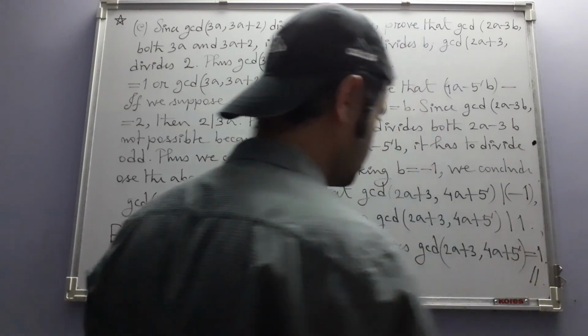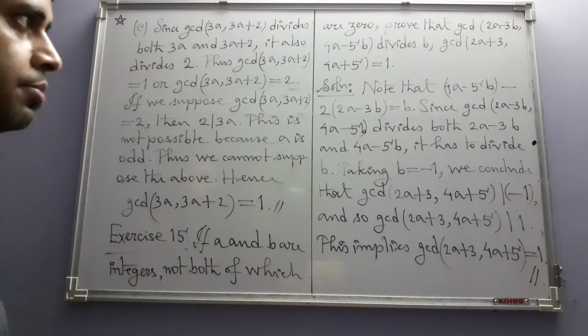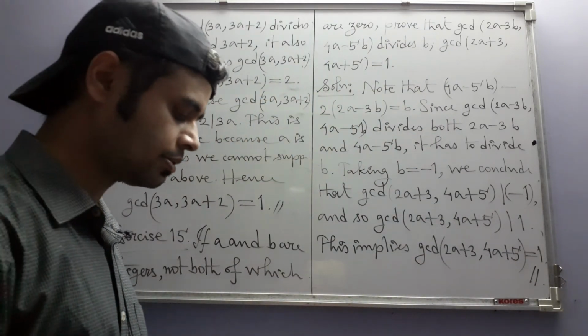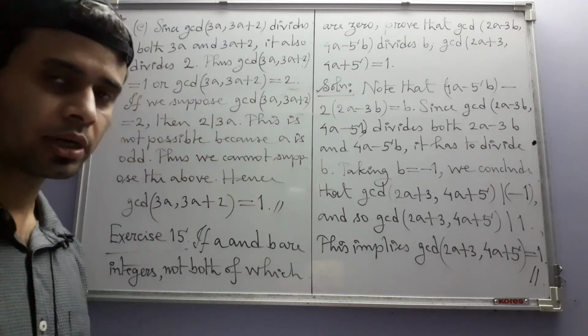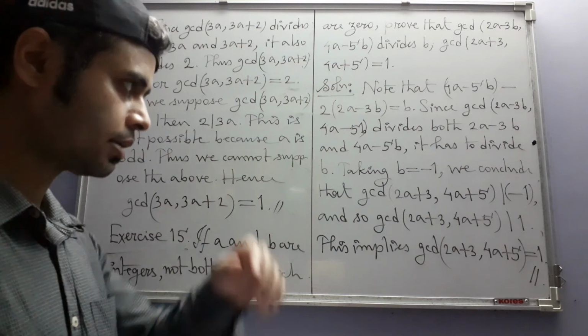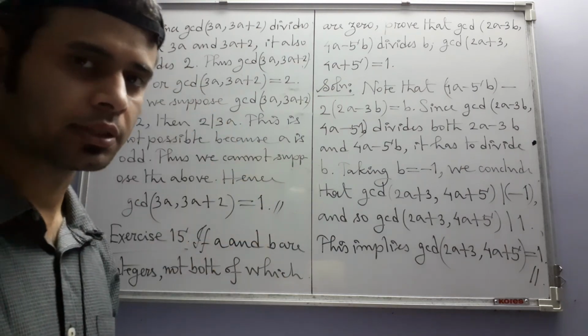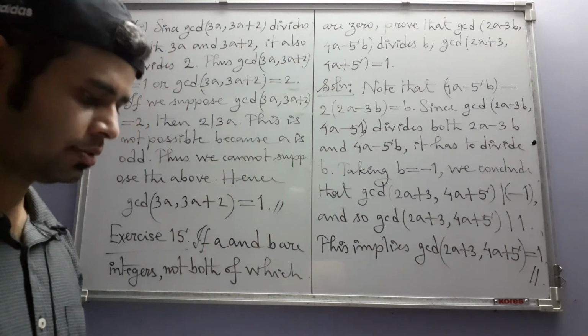So here the solution ends, and here the video also ends. More exercises are there in this set of exercises, which we will solve in the next number theory video.